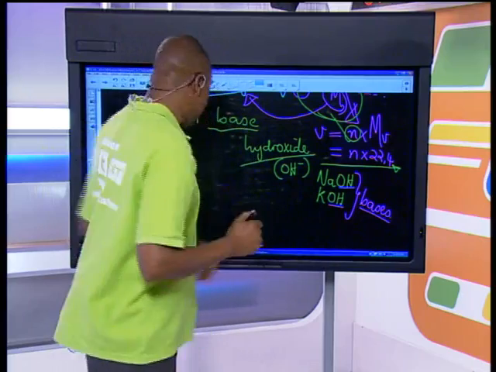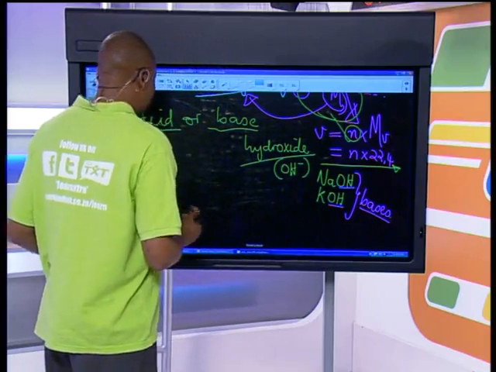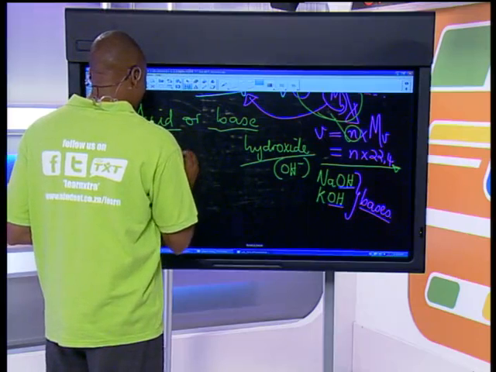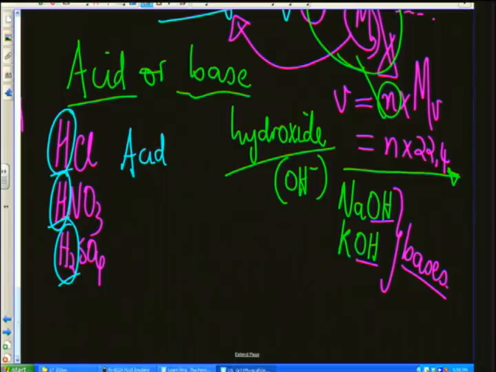And for that reason, when you deal with acids and bases, we do have theories that say acids will be all substances that donate hydrogen ions, or what we call protons. Okay?